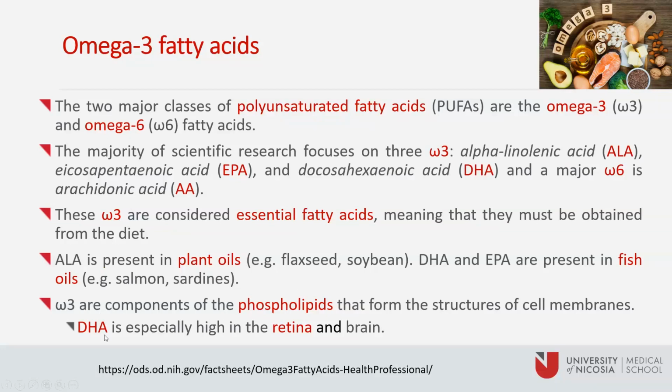And DHA is specifically high in the retina, but also in the brain. So it's important to note that because we have a lot of DHA in the retina, another point to consider is also EPA. We need to find a way to incorporate EPA into the retina in order to see a protective effect from these fatty acids.